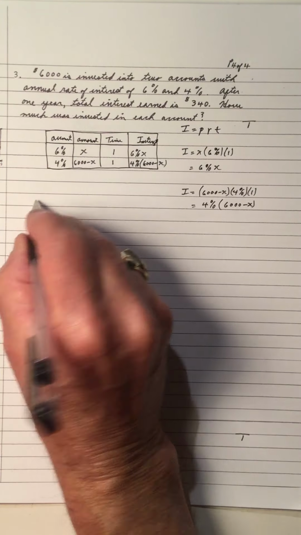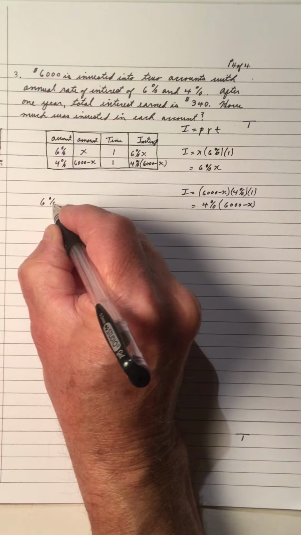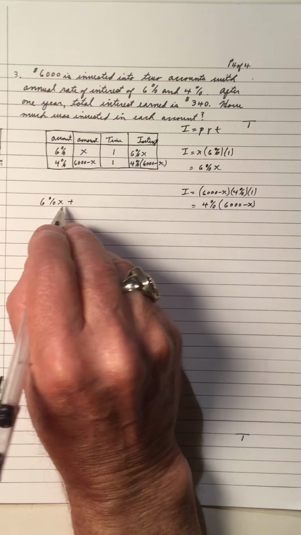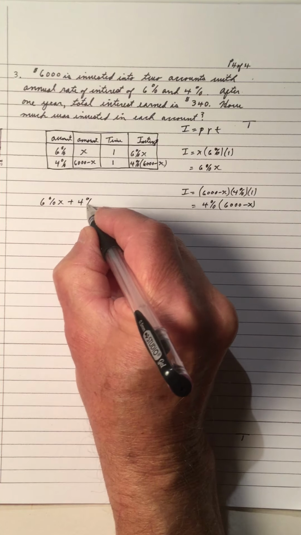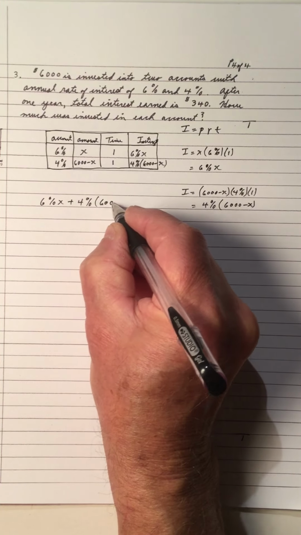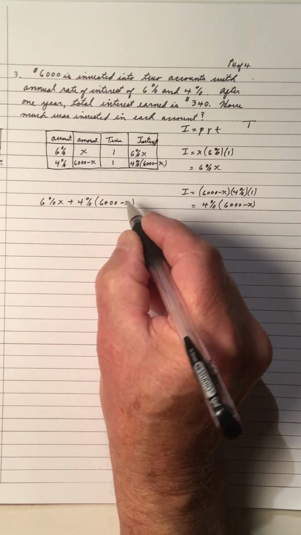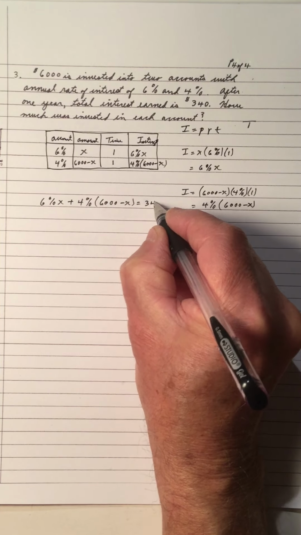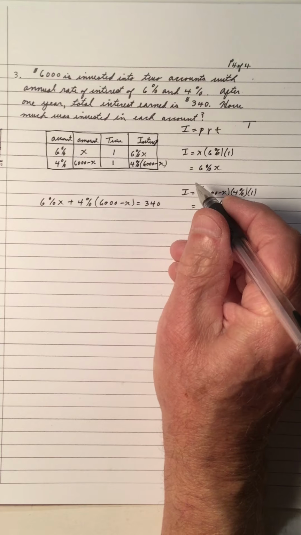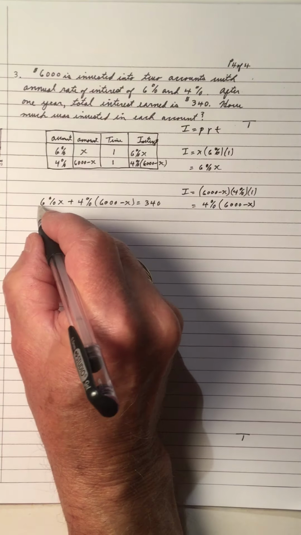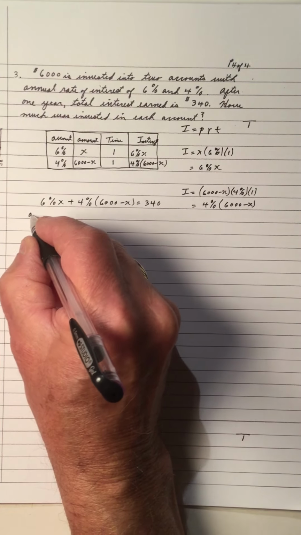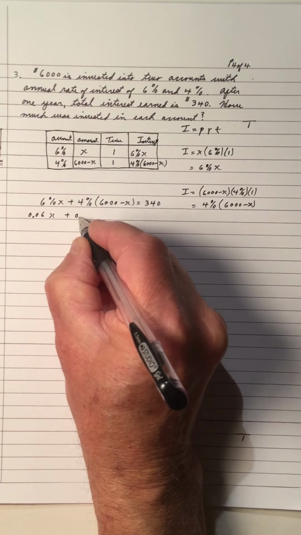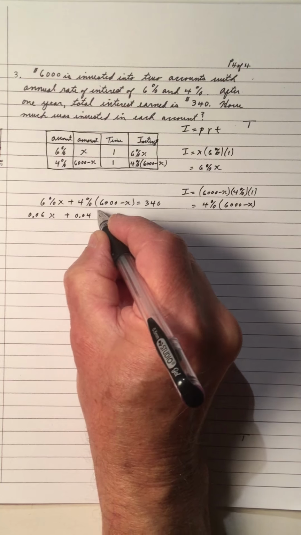So the 6% x is the interest in the 6% account, 4% times 6,000 minus x is the interest in the 4% account, and that has a total of $340. So what I do is I change my percent to a decimal and get 0.06. 4% is 0.04.